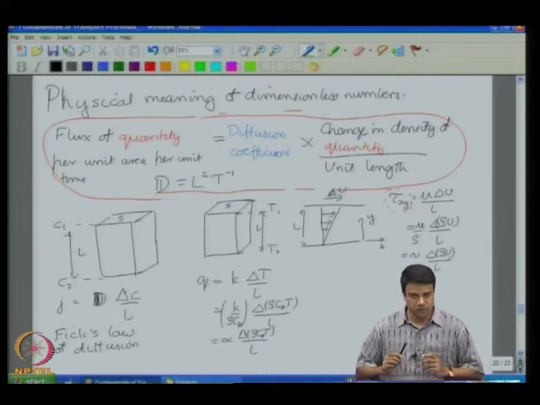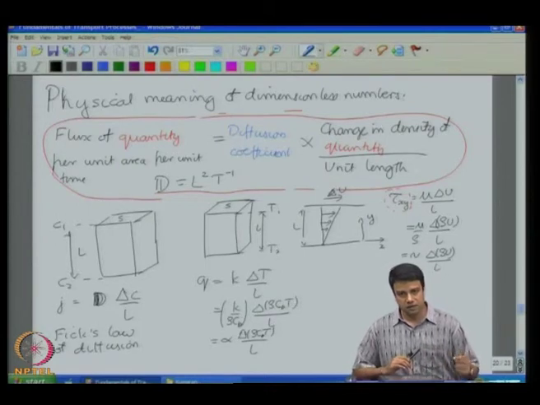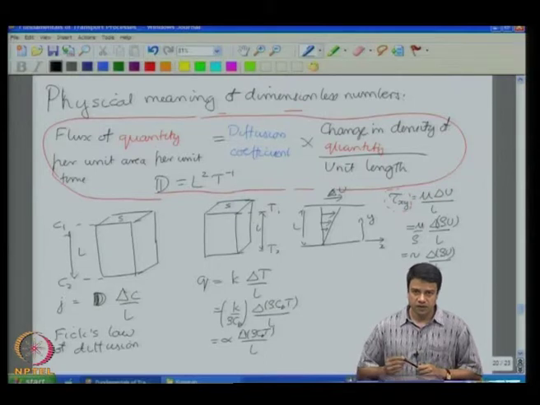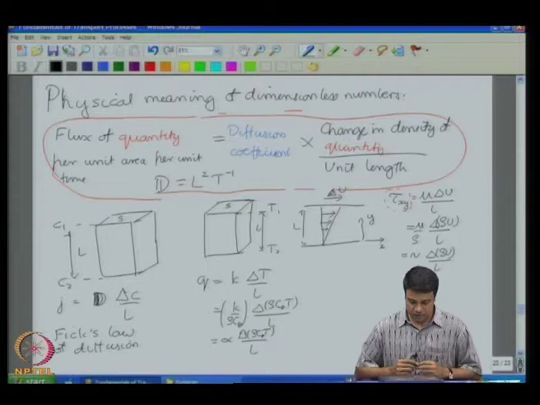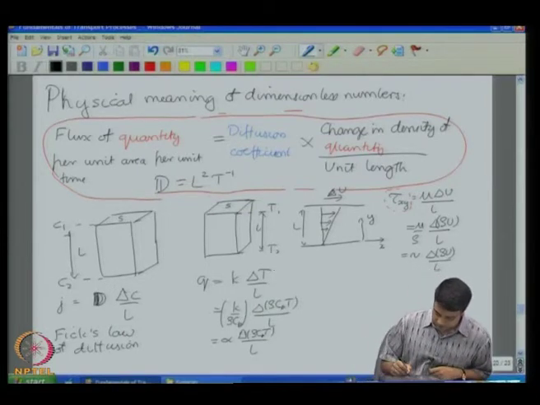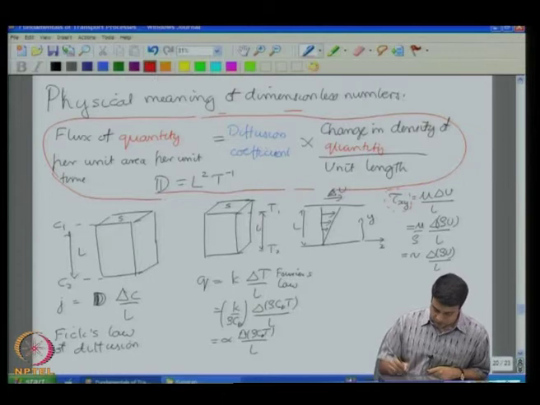It is proportional to the difference in temperature. As you make the temperature difference larger, more heat is going from the region of high temperature to the region of low temperature, and it is inversely proportional to the length of material. So, it is k delta T by L, and this is Fourier's law for heat conduction.